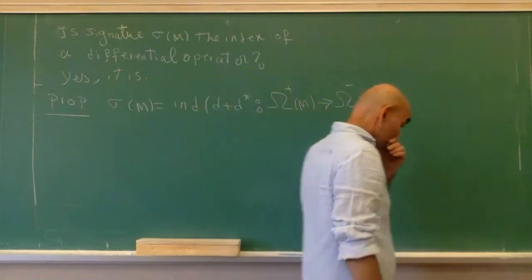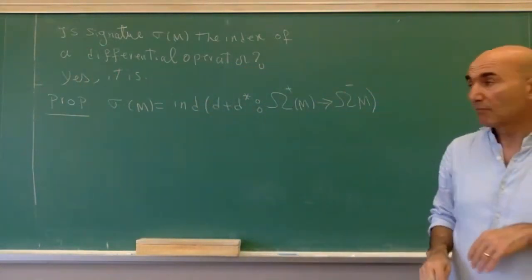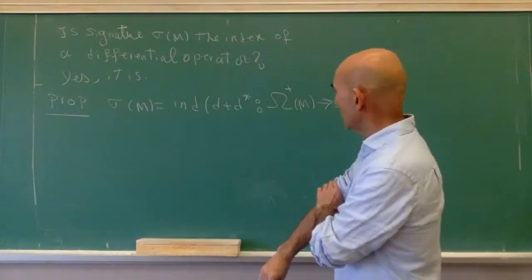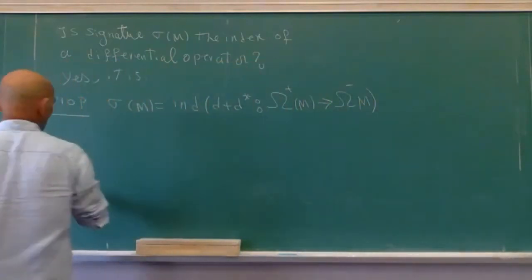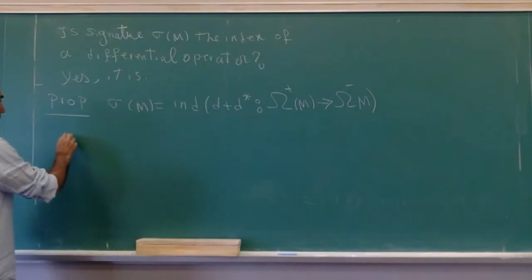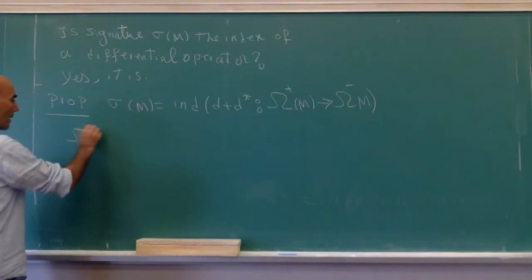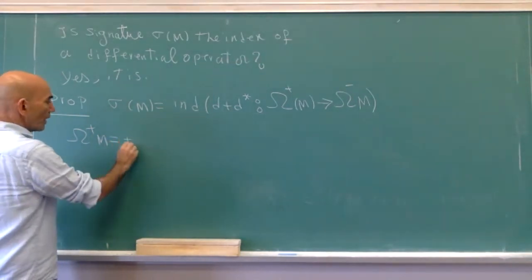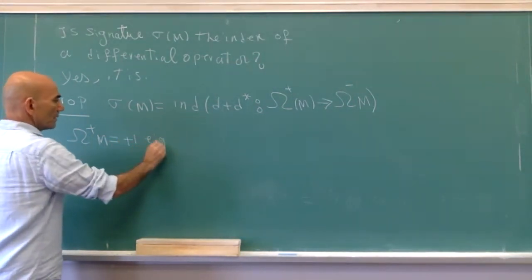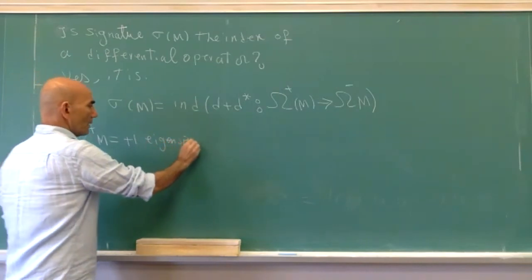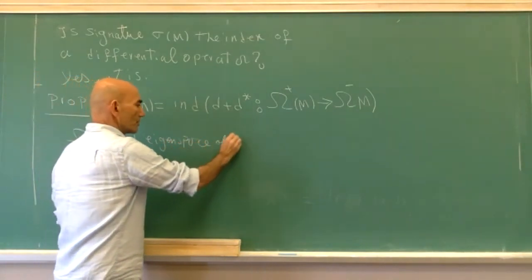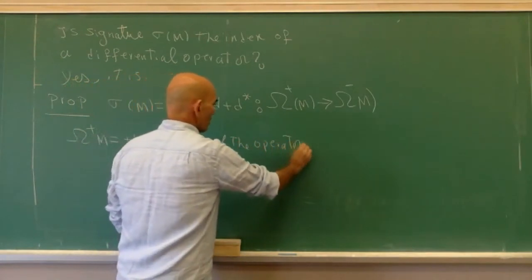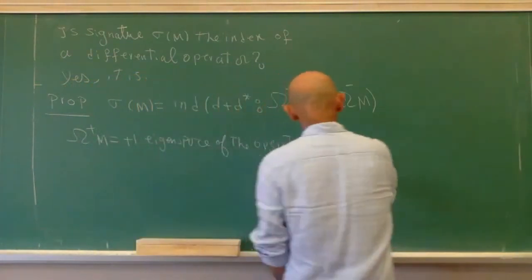So the question is, what is omega plus and what is omega minus? Well, let me define it like this. Omega plus of M is the plus one eigenspace of the operator gamma.